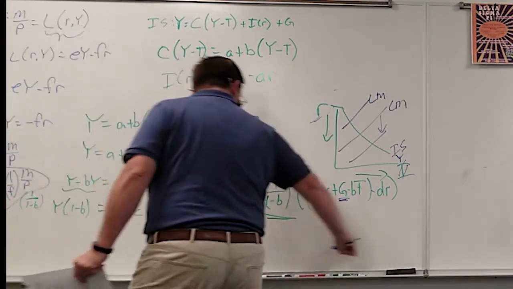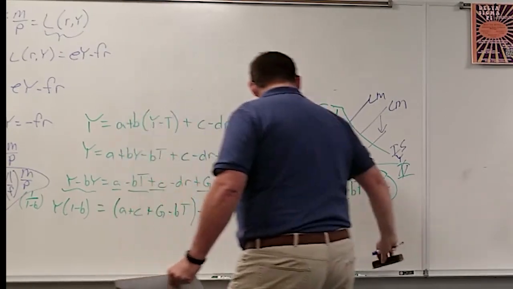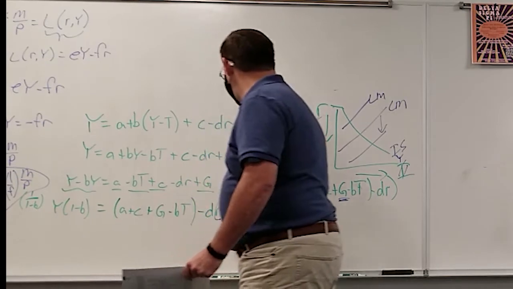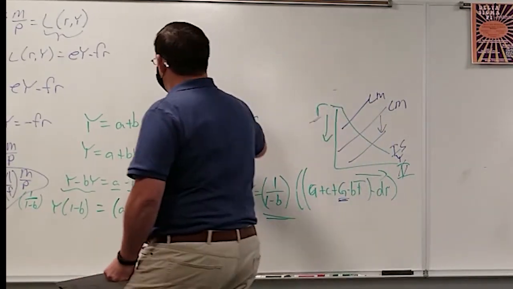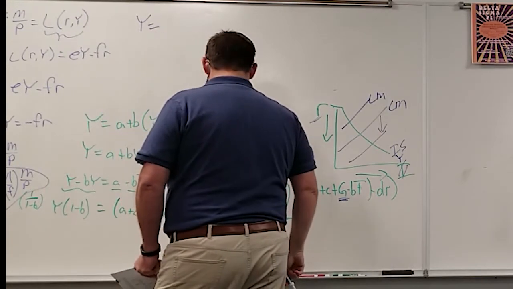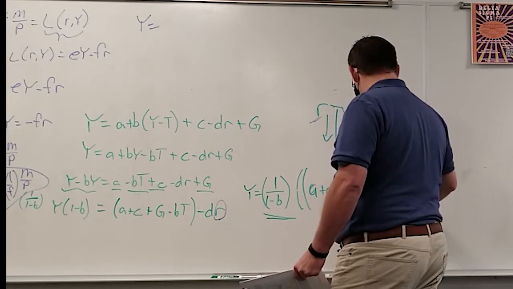I'm going to rewrite it up here. I'm going to drop this in that R. And what I get is that Y equals, I'm going to drop it in for this R over here.